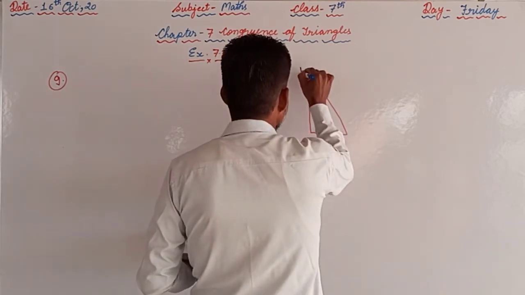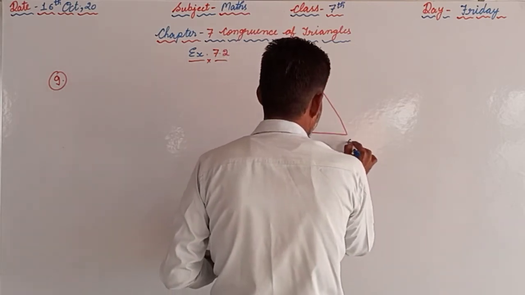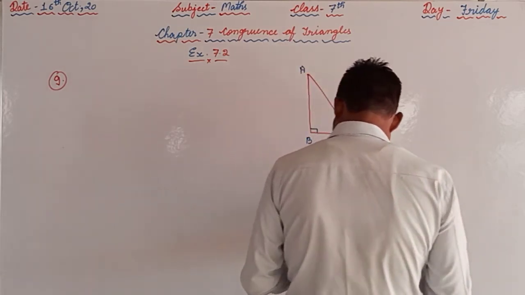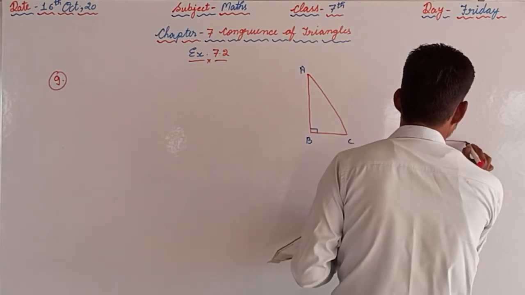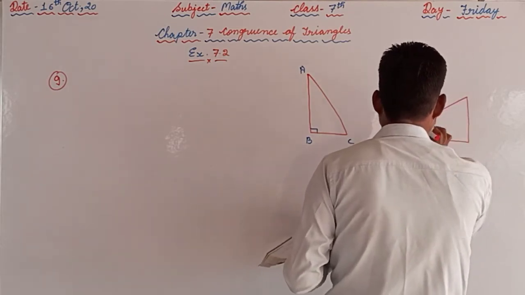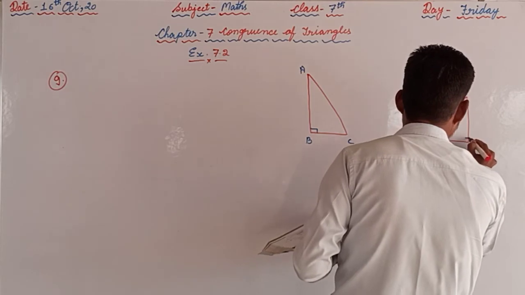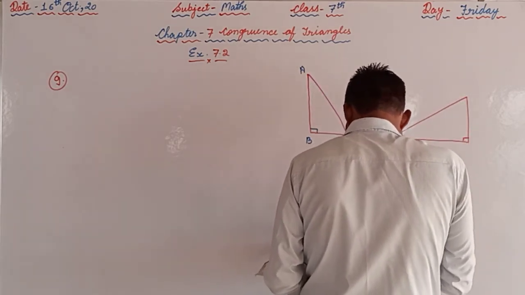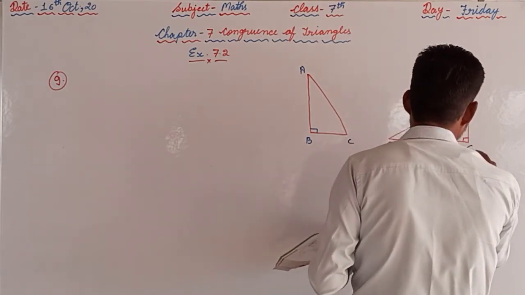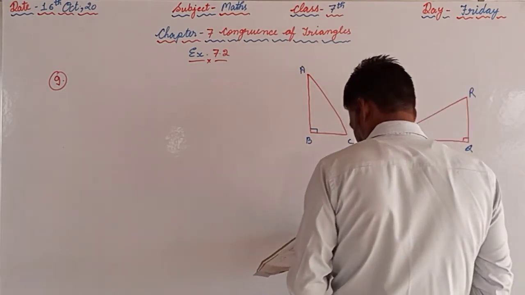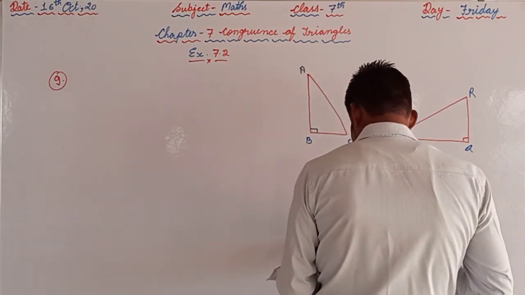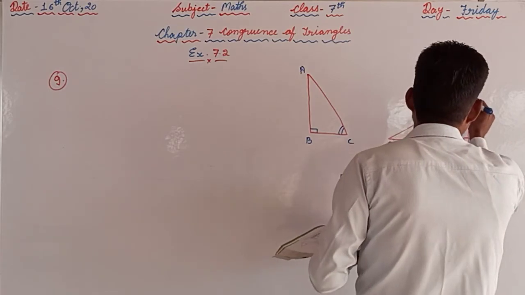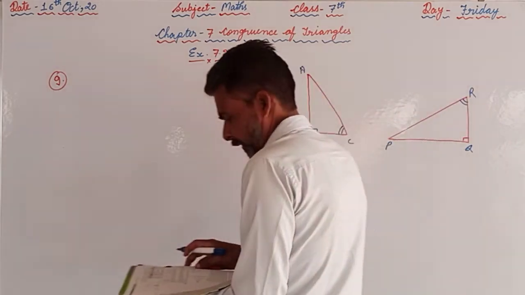That is ABC, and the second one is like this. That is PQR, and angle C is equal to angle R, that is given.